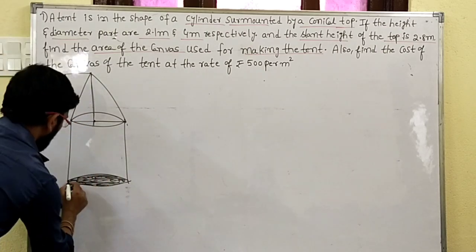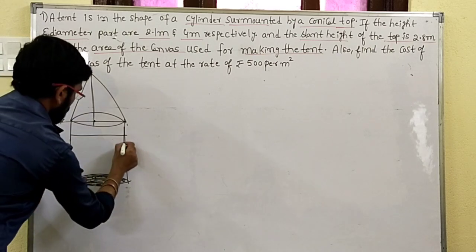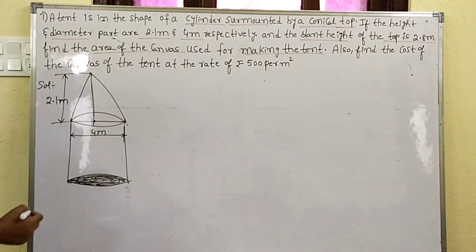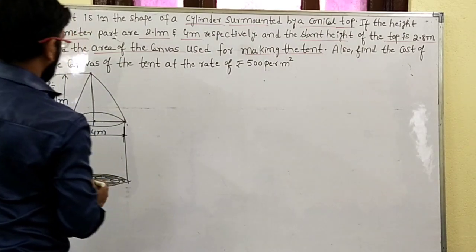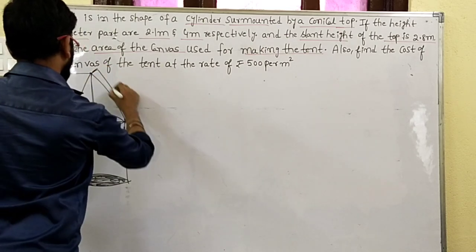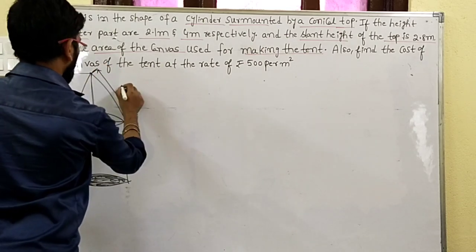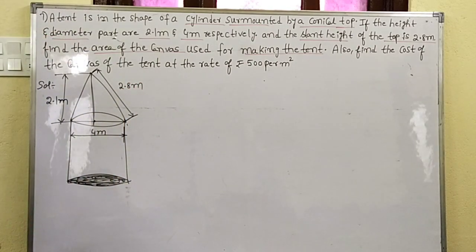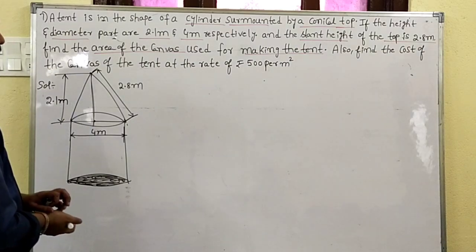The diameter is given here as 4. And the slant height of the top is given as 2.8. Find the area of the canvas used for making the tent.